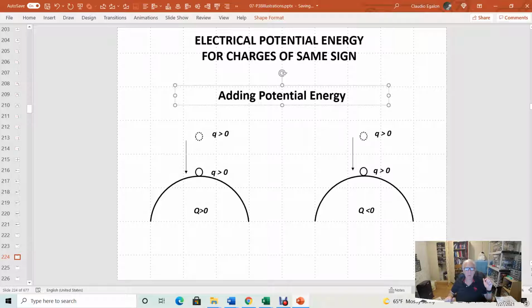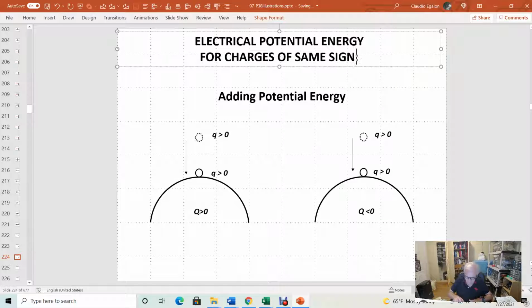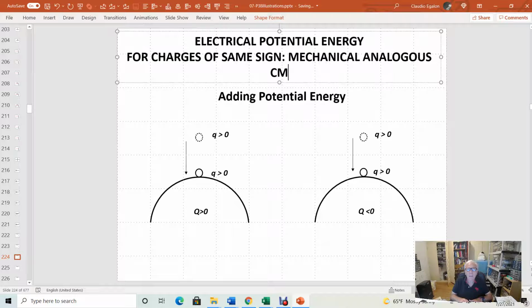So we can come up with this mechanical analogous. Electric potential energy, charge of same sign. Mechanical analogous. Compressing a spring.